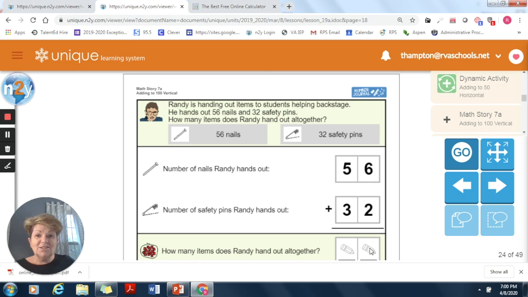Oh, we're doing addition. I didn't change my little brain there. All right. Did I do it right? Yes. 56 plus 32. So we can do our hash marks right by the 6.